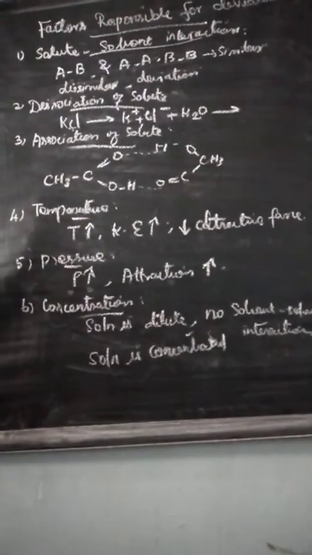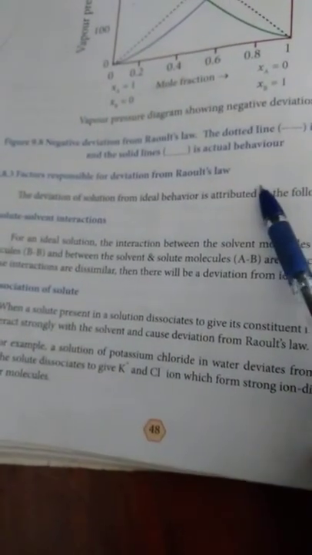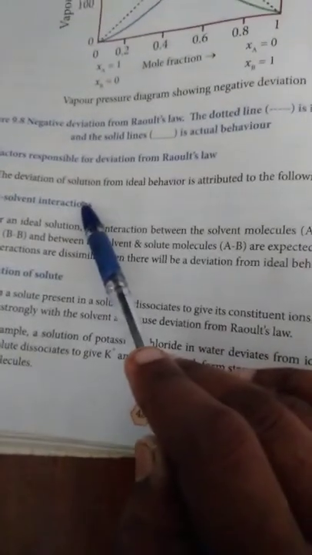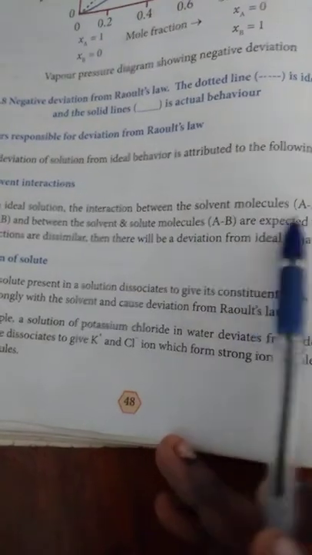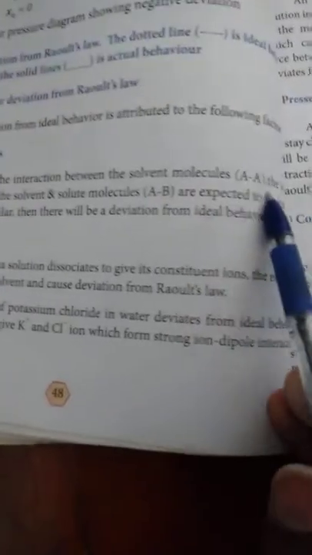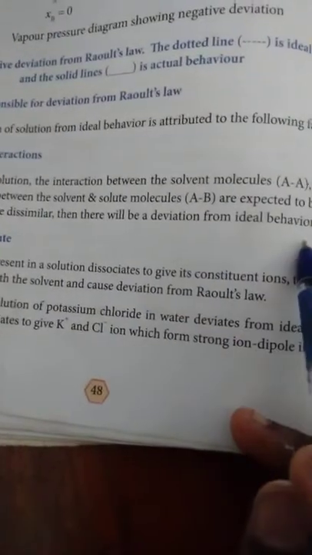Understand this? Now take page number 48. Page number 48, mark the topic: factors responsible for deviation from Raoult's law. Note the topic fully. First, solute-solvent interactions. The interactions AB, AA and BB are expected to be similar. If they are dissimilar, there will be a deviation.